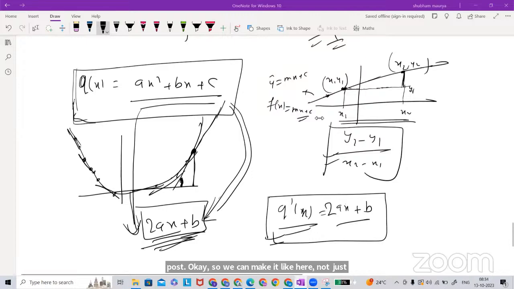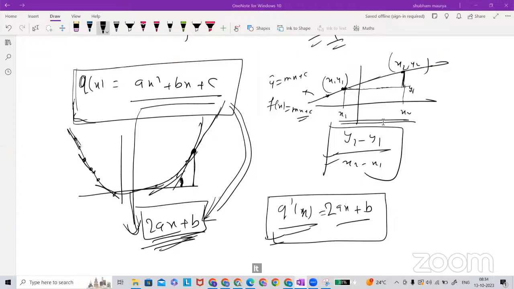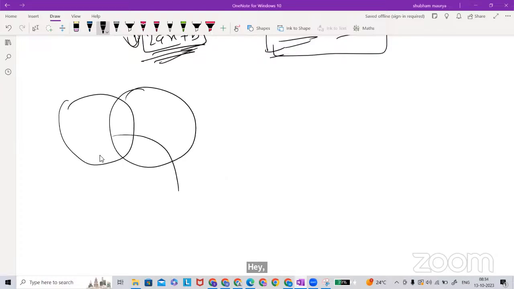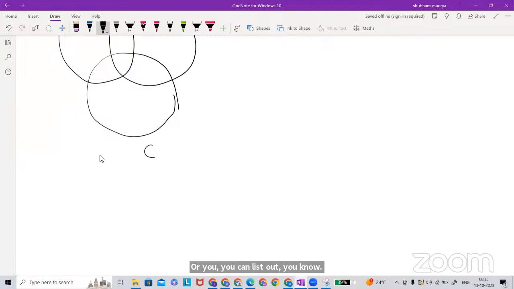Suppose these three circles are Python programming, Java, and C. Or you can even list it out, but the easy way is this way.